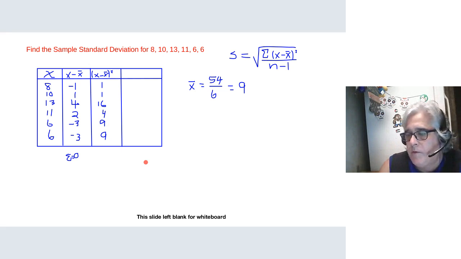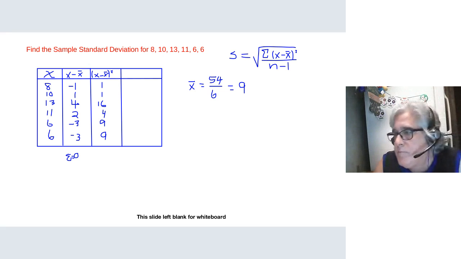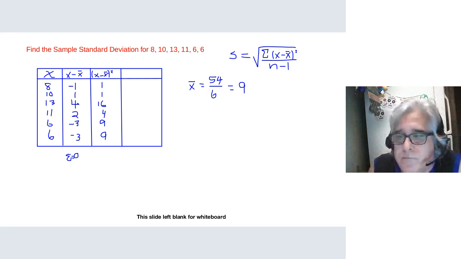All right. No, we don't really need that other column. Hold on a second. Let me just check something. All right.